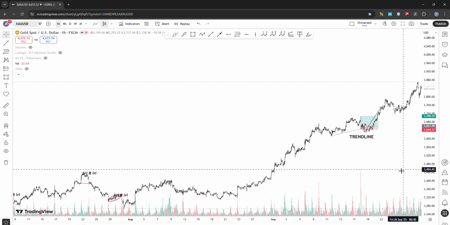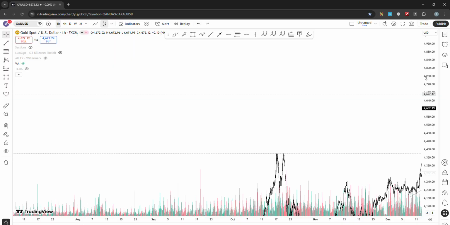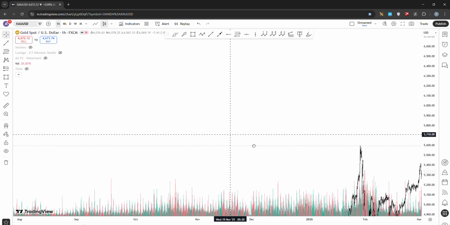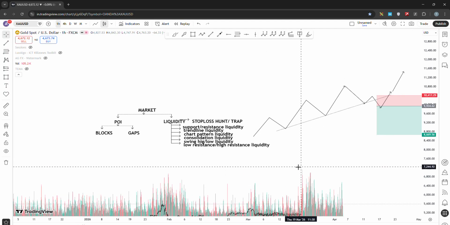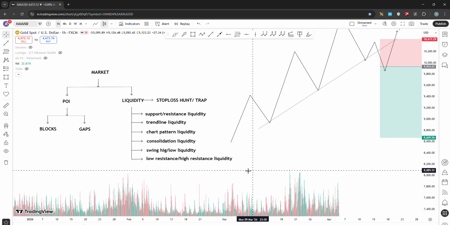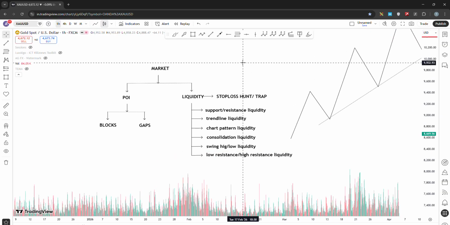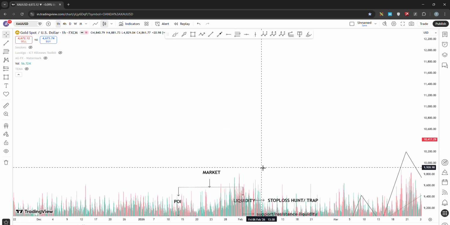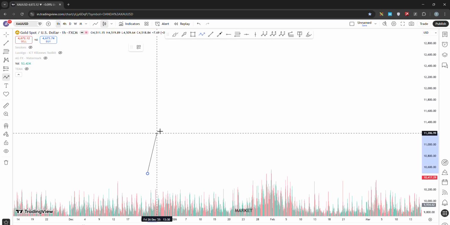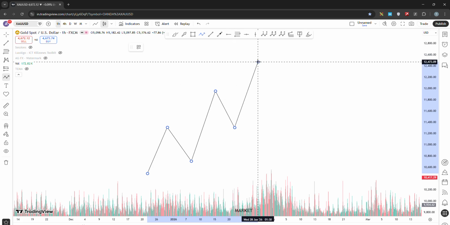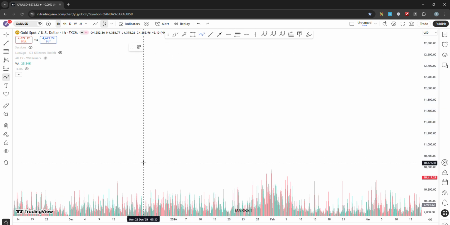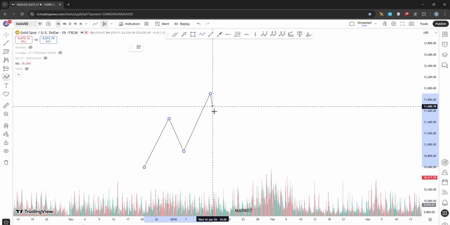Now let's understand the next type of liquidity, which is consolidation liquidity. This is also very common, and first of all you have to understand what a consolidation is. Let's say the market is bullish, in an uptrend, but the market cannot just move like that all the time.